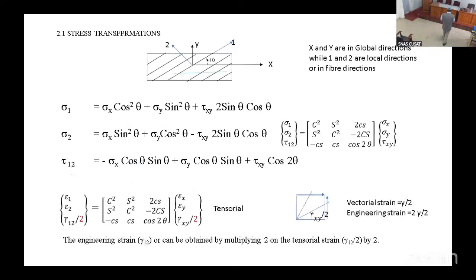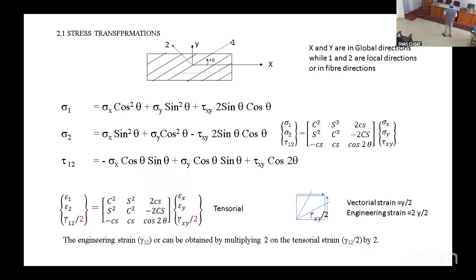Now this is important. In our strength of materials, there is an assumption about positive bending moment and all that. Similarly here, anti-clockwise is positive, so this is plus theta.